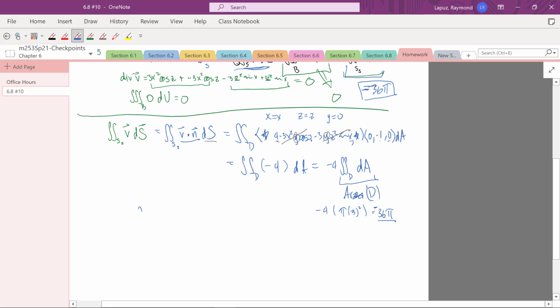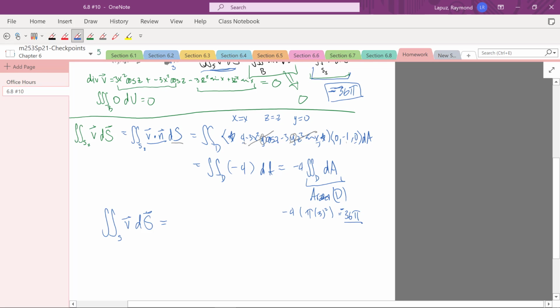So then our flux of the surface, that paraboloid of your vector field V ds, will be positive because we have a 0 minus -36 pi. Okay. All right. That's a problem. I hope that helps. Good luck.